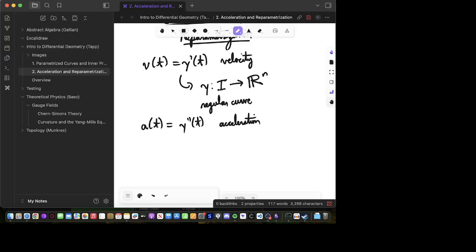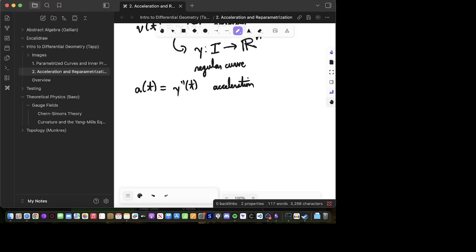So there's a little bit we can do with this. Let's start with our first proposition, and it has to do with the derivative of the speed.